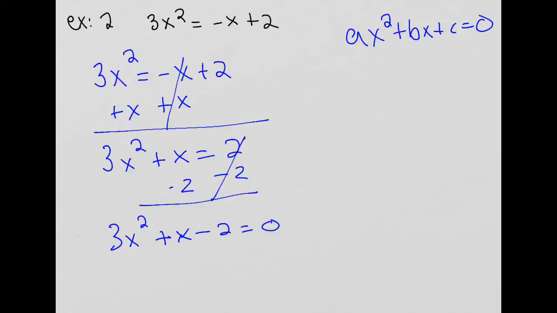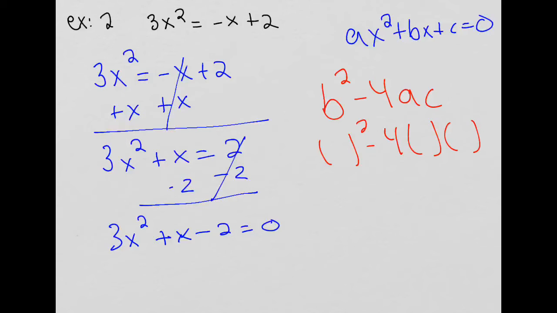Again, the formula for the discriminant is b squared minus 4ac. I'm going to substitute the values. From here, a is 3, b is 1, c is negative 2.